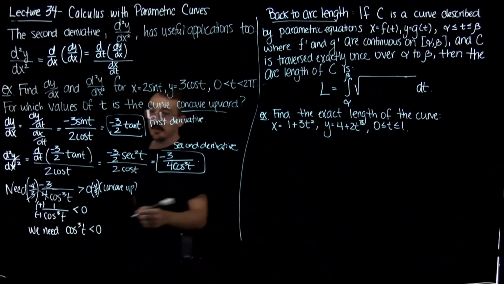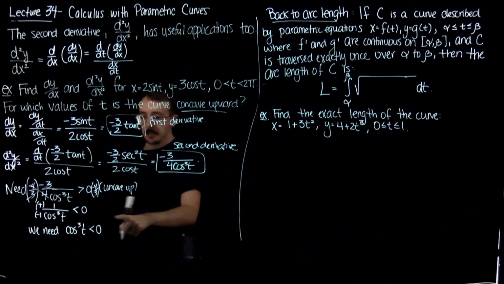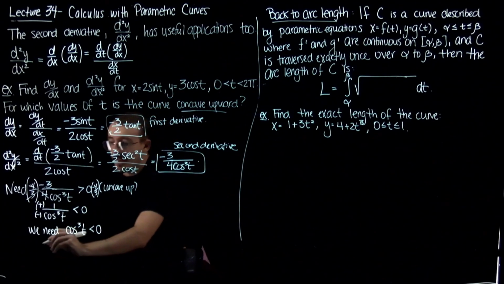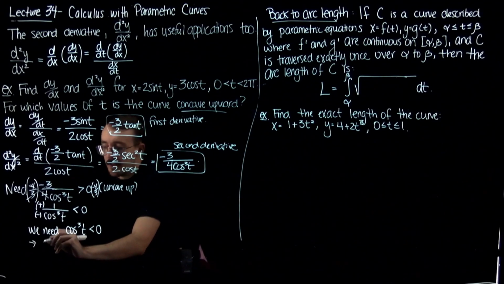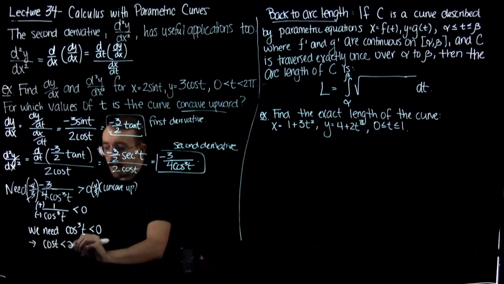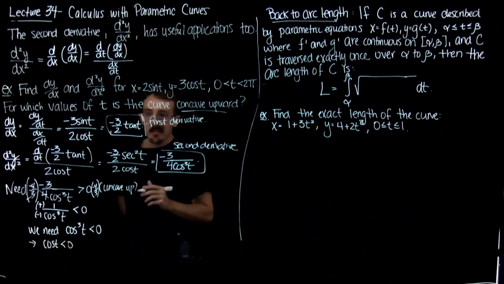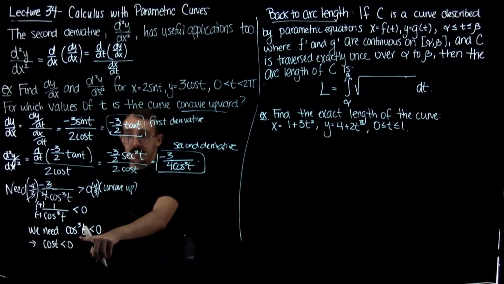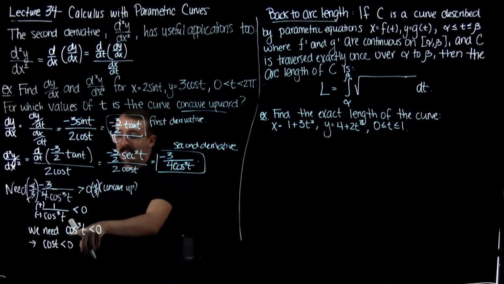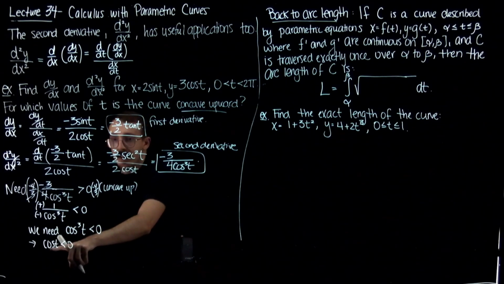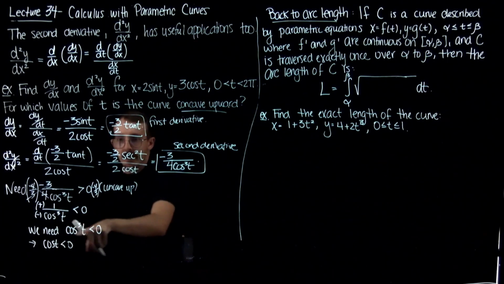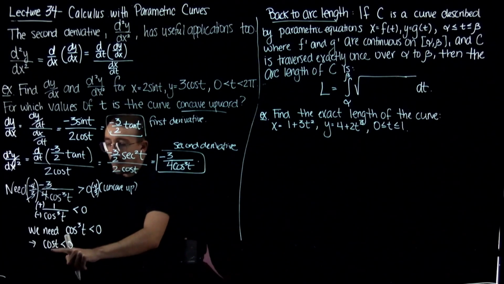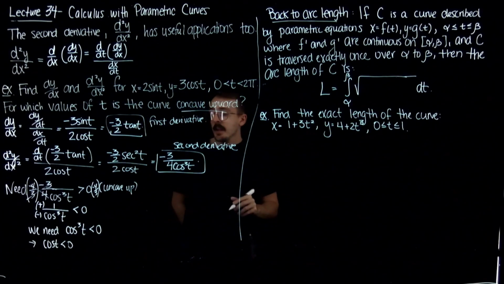This means cosine of t also has to be a negative number, because if cosine of t was positive, you would cube a positive number and get a positive. So I need cosine of t, just one factor of it, to be negative, so that when I cube it, it's still negative. So when is cosine of t going to be negative?